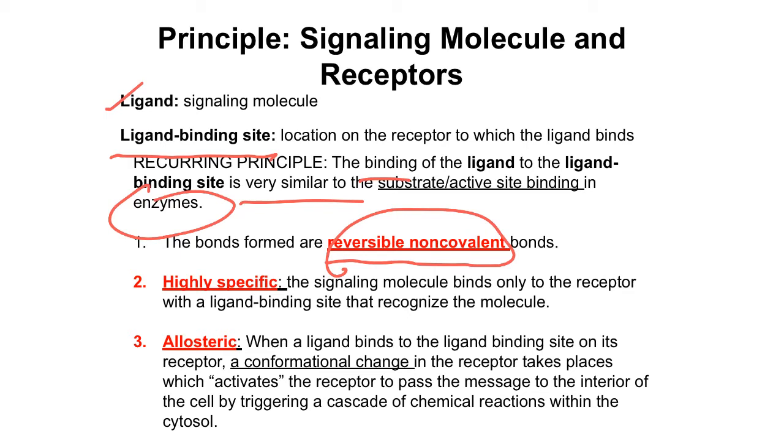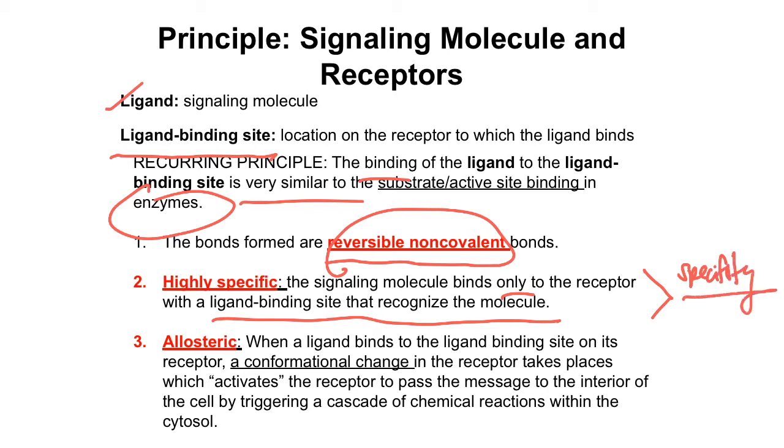The second critical feature or attribute is that this binding is highly specific. The signaling molecule binds only to the receptor with a ligand binding site that recognizes the molecule. And so this is the basis for specificity of communication.